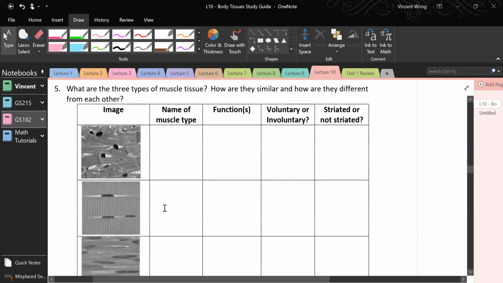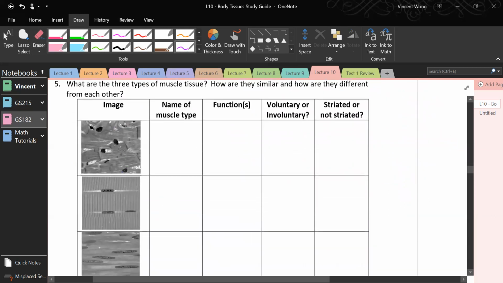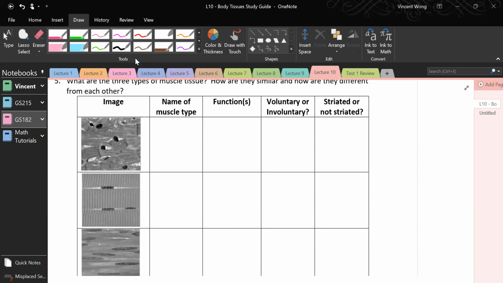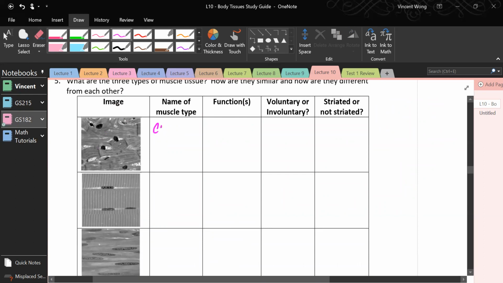Next part. These are 3 types of muscle. Over here, the one that is kind of crisscrossing, that is characteristic of cardiac muscle. You will only find cardiac muscle in the heart. So their function is the beating of the heart.